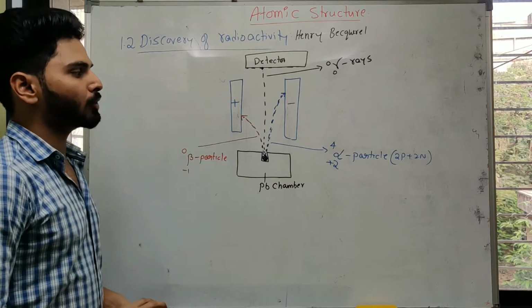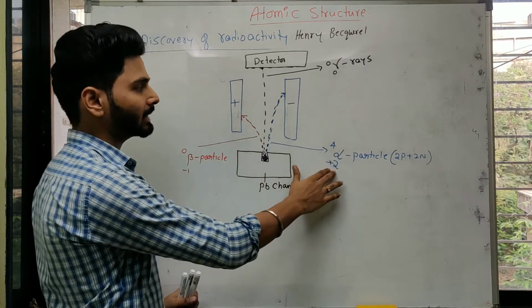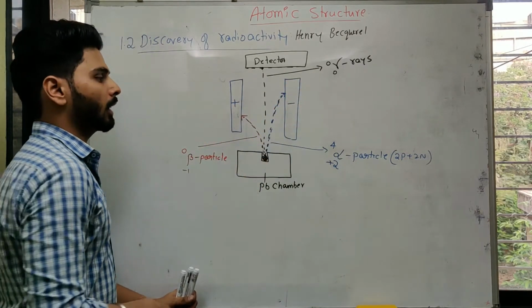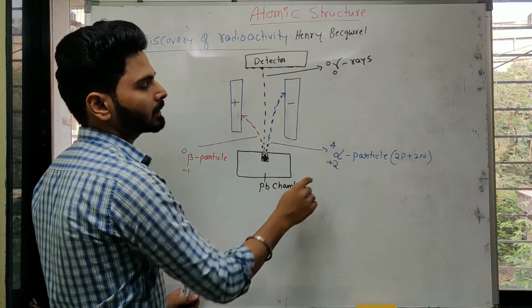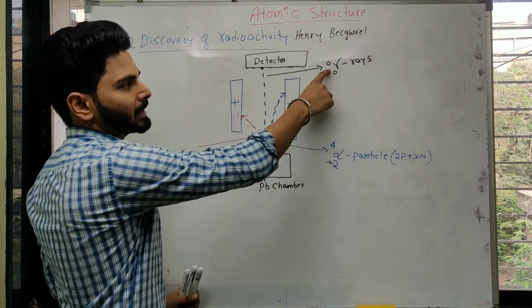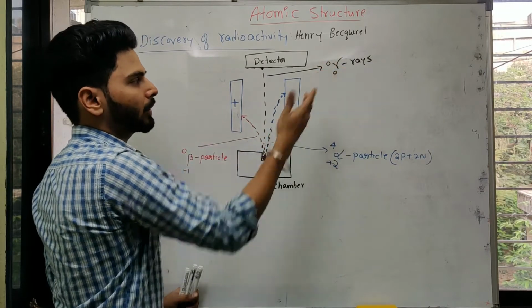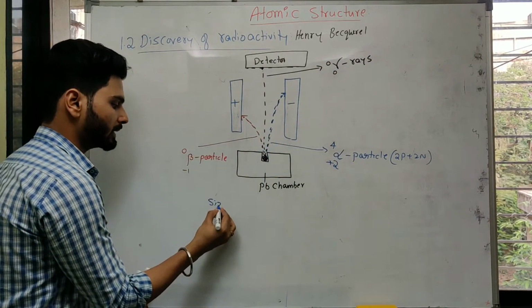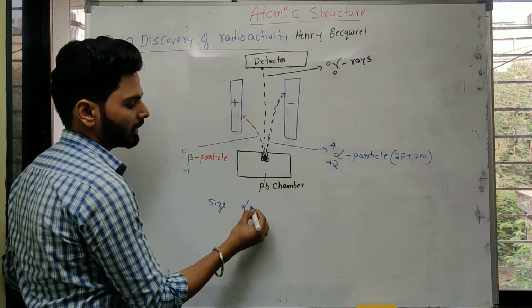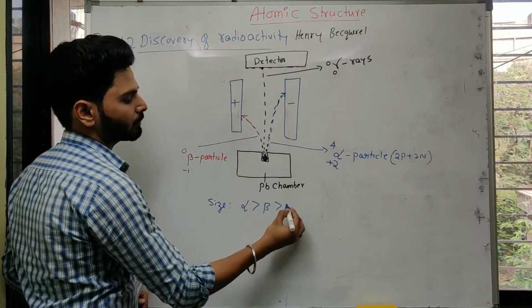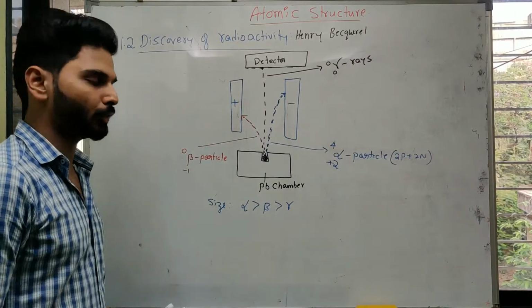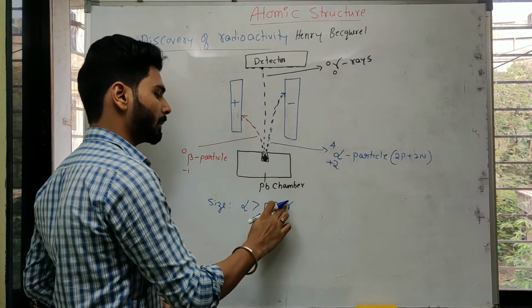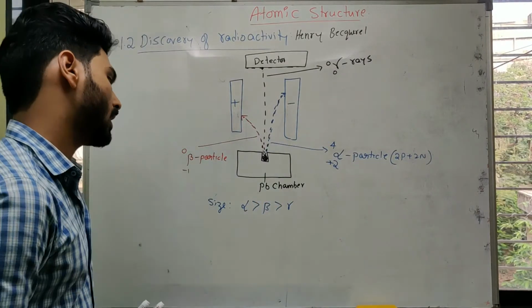Now size wise, alpha is the biggest of these 3, because it has bigger mass, and gamma is the smallest, almost no size, because it has no mass. So size wise alpha is bigger, then beta, and thereby gamma. For comparative purposes we are doing this; otherwise gamma is not a particle, it's a wave.